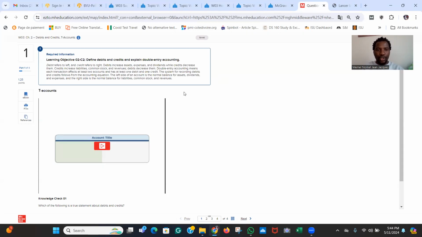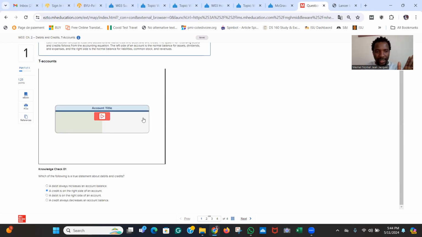Now let's try to solve the first problem of this homework. Looking at this first question, they ask which of the following is a true statement about debit and credit accounts. We have different options. I told you that the credit and debit are connected. They are always affected, and they're on a T account like this, with the left side and the right side. For a T account, you must have two different accounts affected, either the debit or the credit.